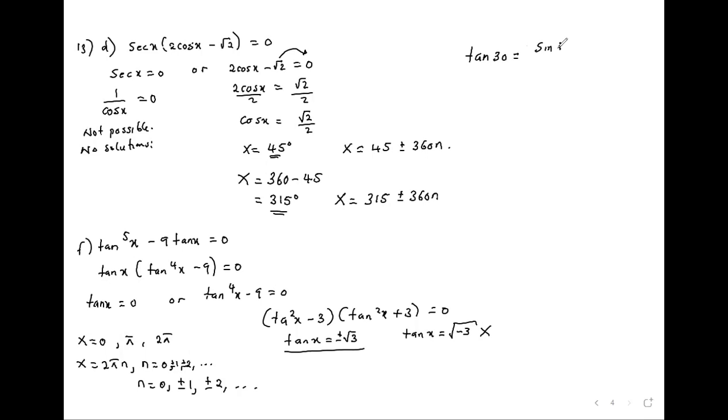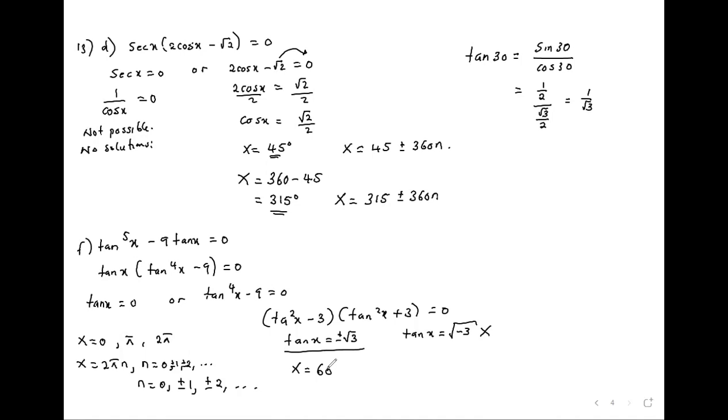So you can check sine 30 over cos 30. The top one is half, the bottom one is root 3 over 2. So this is 1 over root 3. So it's not the root 3, so it's 60. So x is equal to 60.